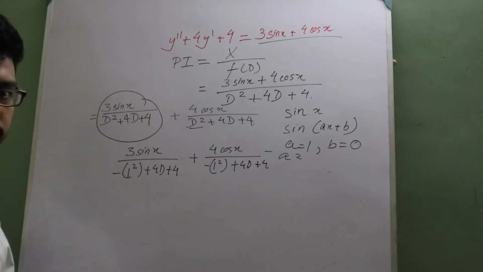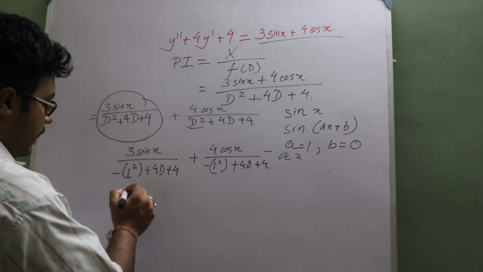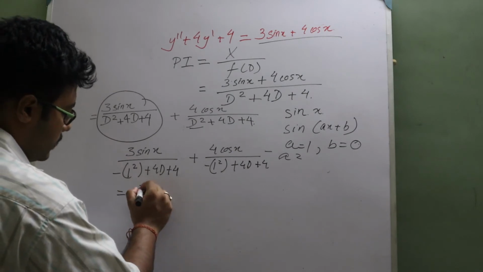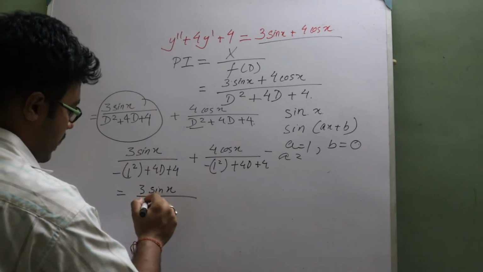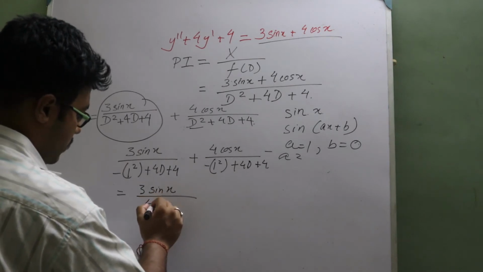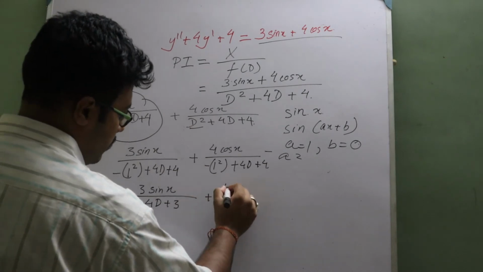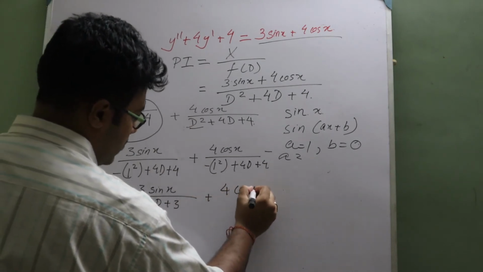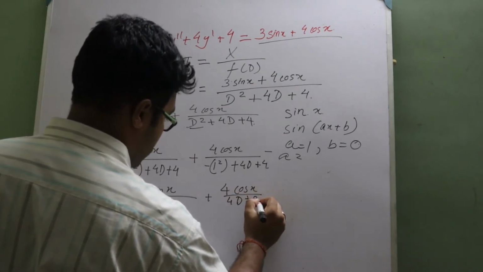Okay, so I hope it's clear up till this part. So doing this, what we get is 3 sin x by 4D plus 3 plus 4 cos x by 4D plus 3.